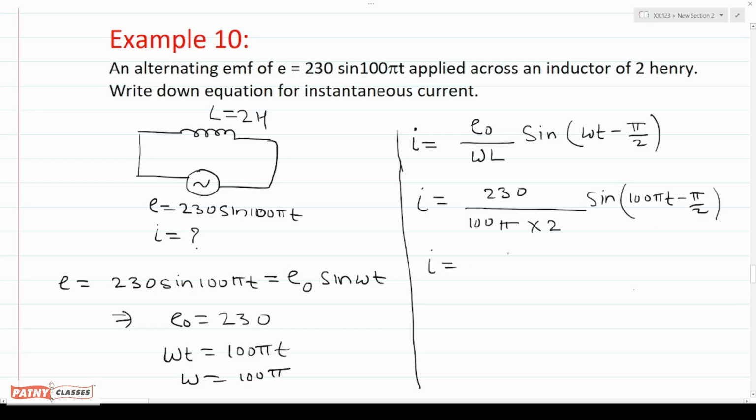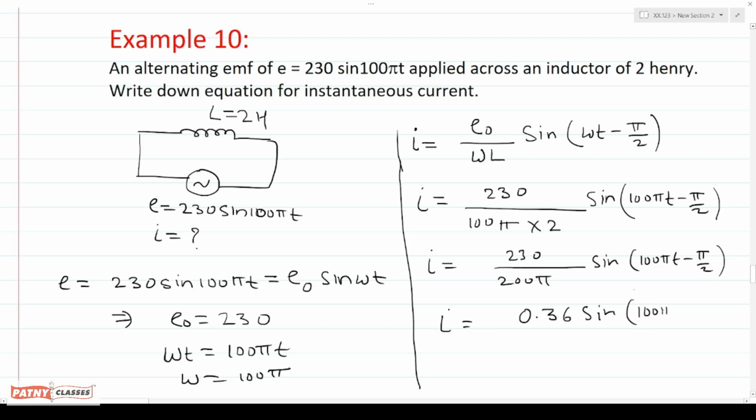I equals 230 upon 200 pi sine of 100 pi t minus pi by 2, which on simplification gives 0.36 sine of 100 pi t minus pi by 2. This is the required expression for instantaneous current.